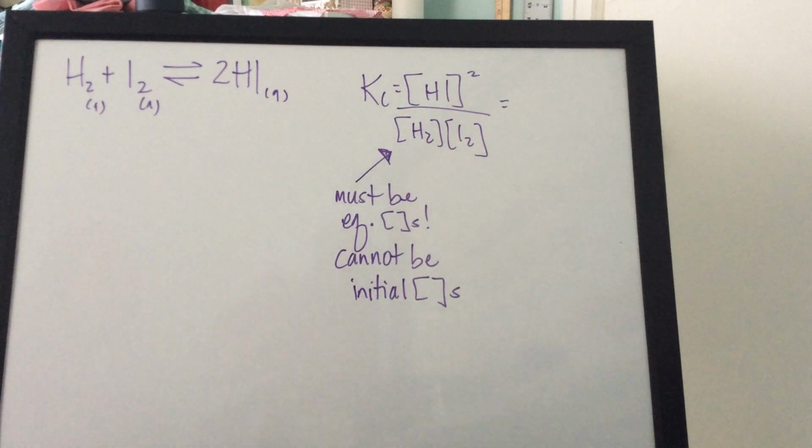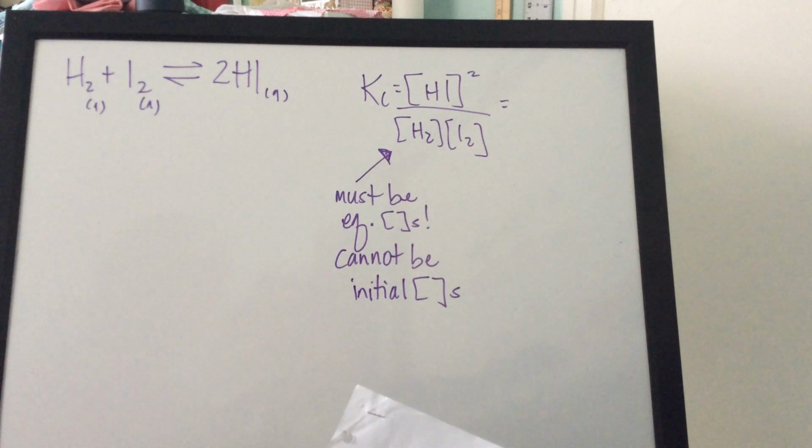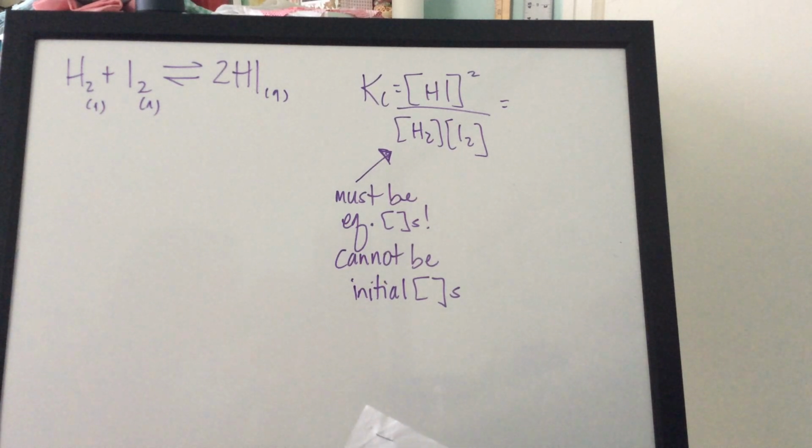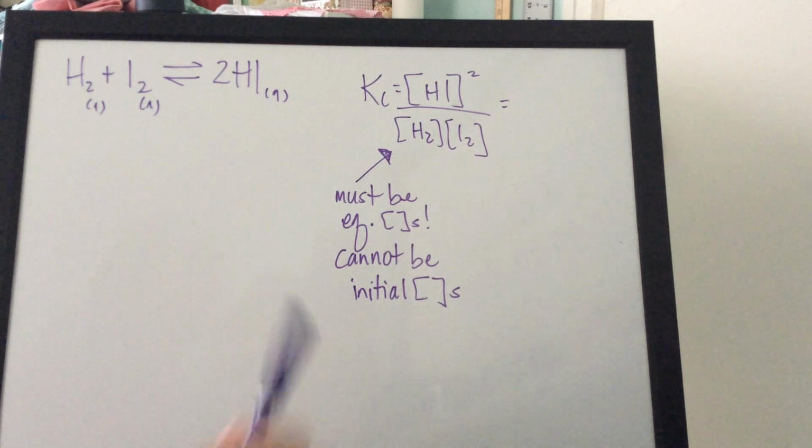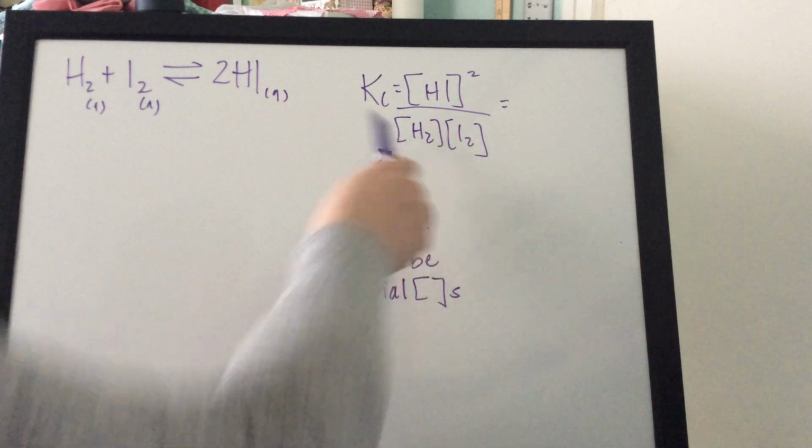So, because Kc and Kp, for that matter, are equilibrium expressions, the only values that can go into those expressions are values at equilibrium. So if you notice, the first sentence says a closed system initially containing this much H2 and this much I2. Okay, those are initial numbers and they cannot go into this expression.